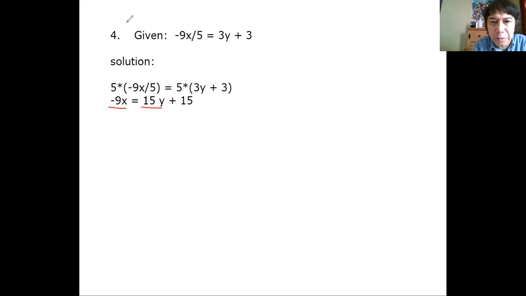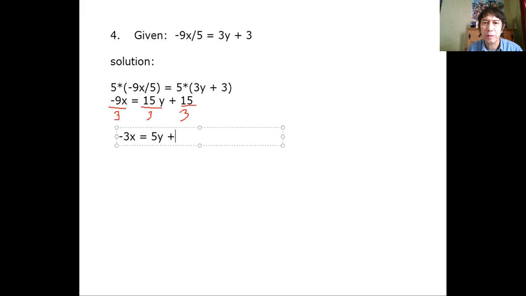All these 3 terms shall be divided by 3. There. And so the next line should be negative 9x divided by 3. That's a negative 3x. And that would be equal to 15y over 3. That's 5y. And of course, that's 15 over 3 again. That will also be 5.